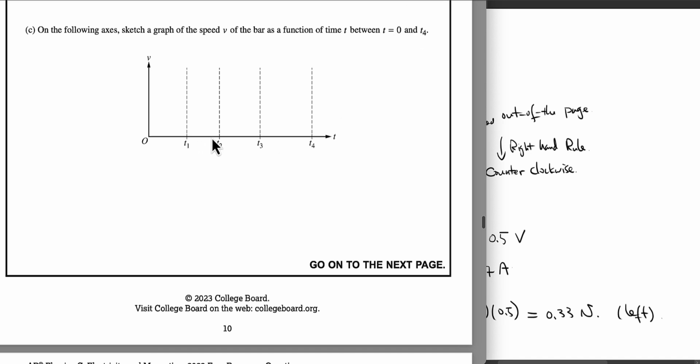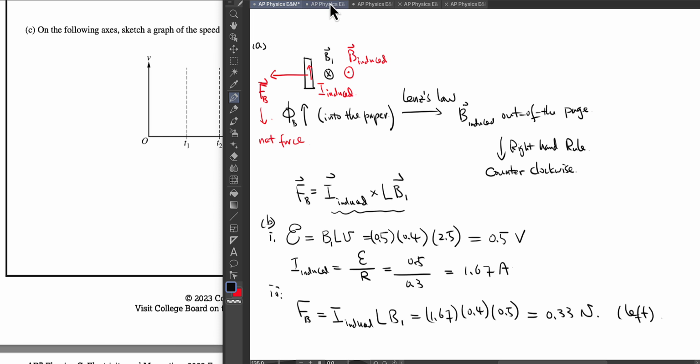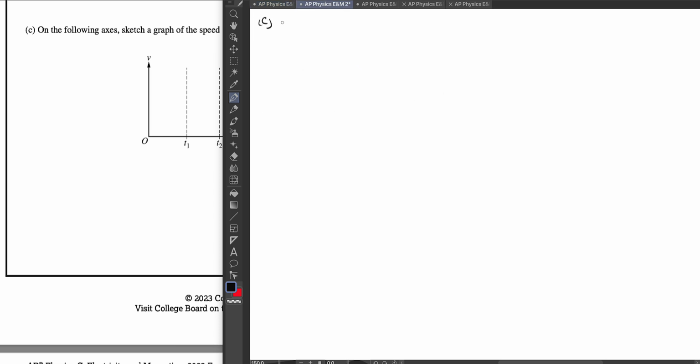Okay, so now we know from our previous discussion, for the time instant between 0 and t1, t1 is the instant when the spring and the bar separate.